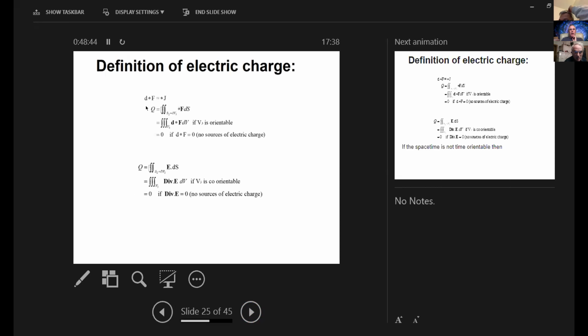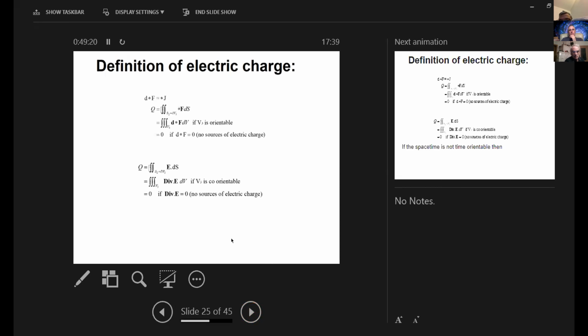But it does it because the flux coming out of the surface is equal to the volume integral of d star F. If d star F is 0, like no sources, then you will conclude that Q was 0. But this step here is not valid for a non-orientable space. You can have Q being non-zero, even though this is 0. Which is only saying mathematically what you saw in the little picture of the flux disappearing down the wormhole.